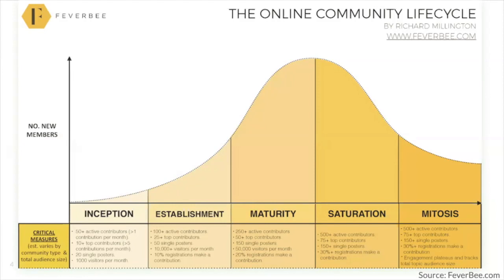Richard Millington is a thought leader on online communities, and he has created a very good model for different stages that any community would go through. So many of you just started running your communities, while some of you might already have an established and mature community. But more or less, you can see that every community goes through these 5 different stages.